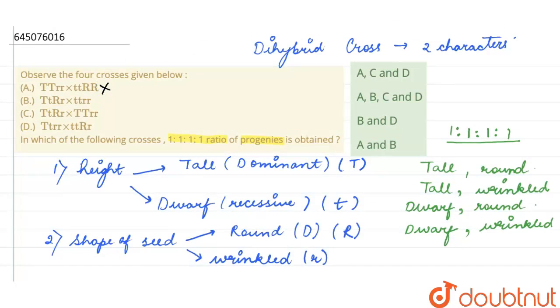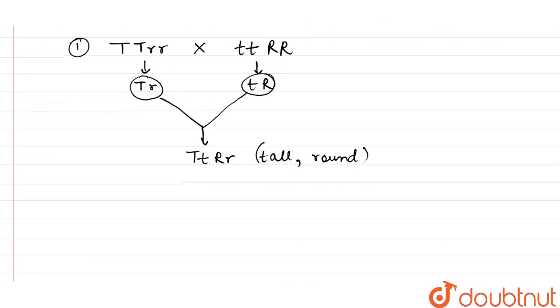Then the second is tall and round, but heterozygous, crossed with a recessive plant.